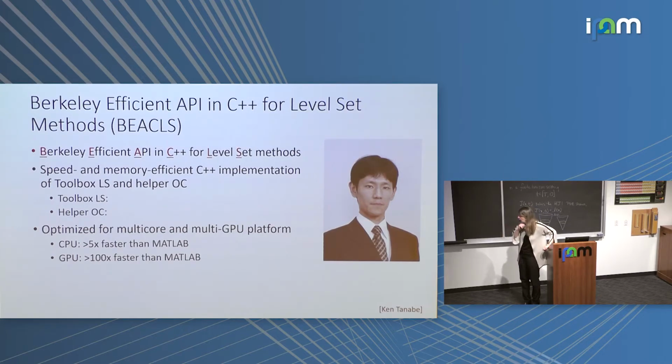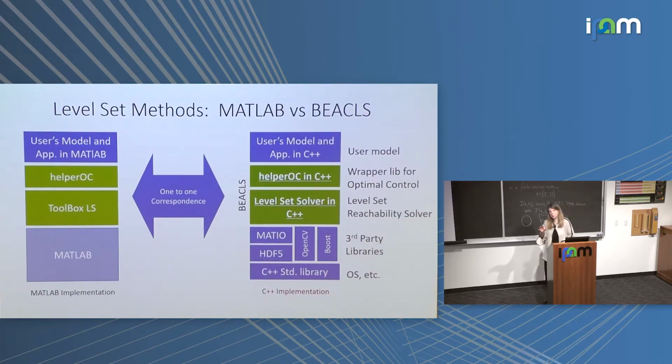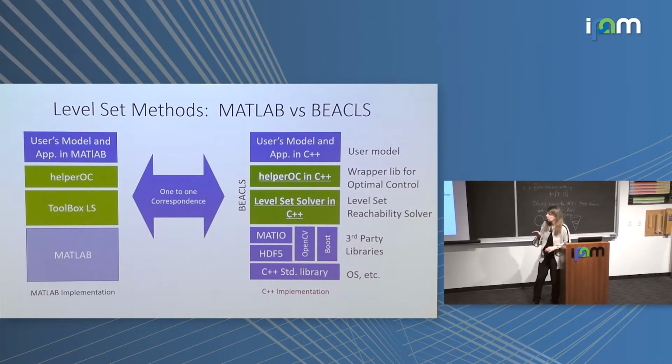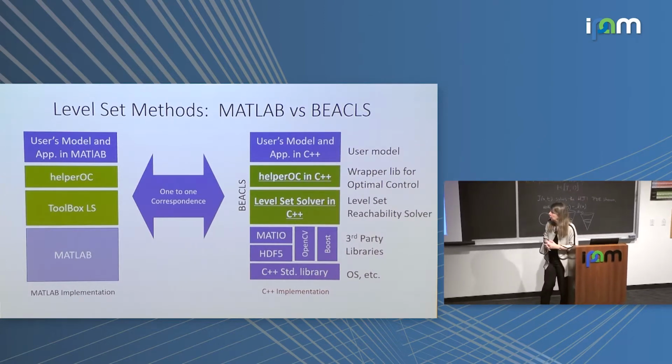We had a wonderful industrial visitor, Ken Tanabe from Toshiba in Japan, who spent his year at Berkeley jointly with Mo Chen and another student developing what we call BEACLS, the Berkeley Efficient API in C++ for level set methods. The key idea is that a lot of the core level set functionality has now been coded in C++.